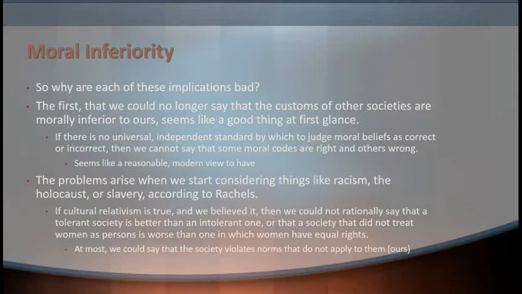If relativism were true, and what's actually right and wrong depends entirely on what a culture believes, then we couldn't consistently or rationally say that a tolerant society is better than an intolerant society, or that a society that did not treat women as people is worse than one in which women have equal rights. In order to do that kind of independent judgment, that sort of comparison, you need an independent standard, a universal objective standard, by which you can do that comparison.